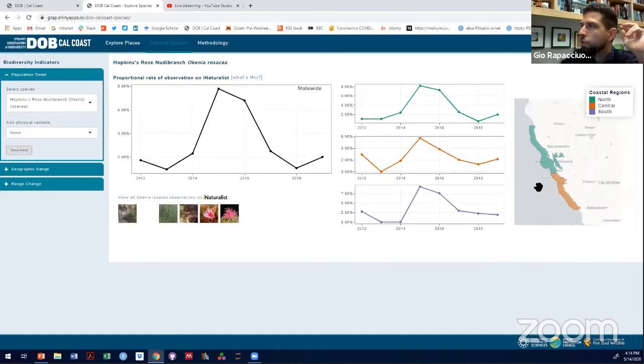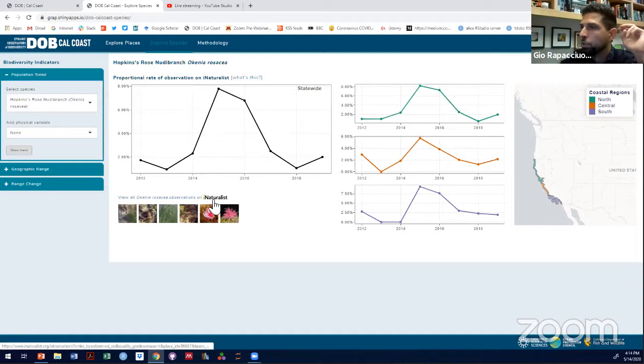So one feature here that is useful is that this allows you to actually go and visit and have a look at the underlying iNaturalist observations. These are the last 6 observations of Oceania on the California coast.